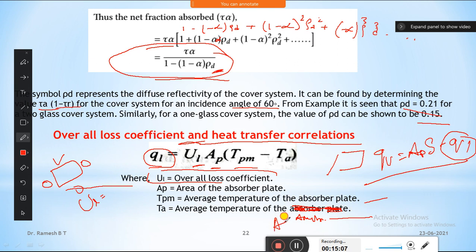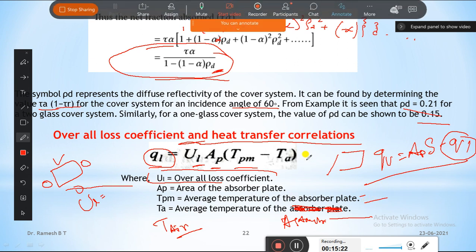Clear? So this is the equation we are going to consider for overall heat loss.